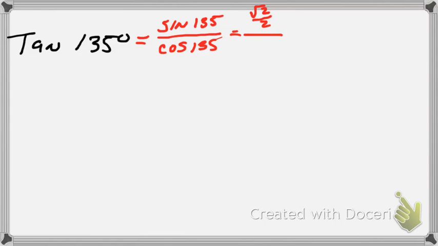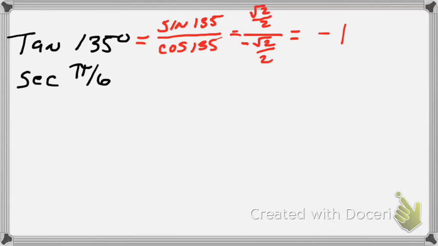The cosine of 135 degrees is negative root 2 over 2. And anytime you divide something by itself, it's 1. And since one of those is negative, the answer is negative 1. Is the tangent always 1? No. It just works out well on those 45s. 45, 135, 225, where the two numbers are basically the same. All right.